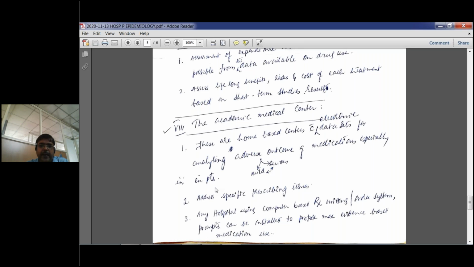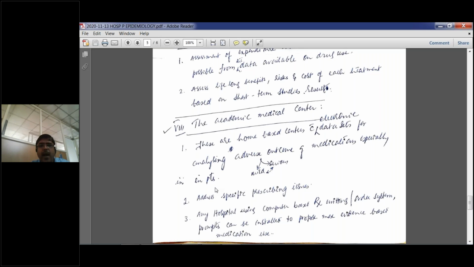Either way, it will act. On one side, it conveys the message from the patient side about adverse drug reactions of medications to the pharmacovigilance centers of a country for documentation purposes. And in addition, they also come out with the treatment approaches for the specific adverse outcome which was reported. So it acts both ways.